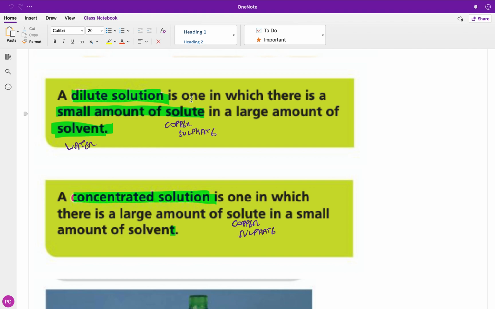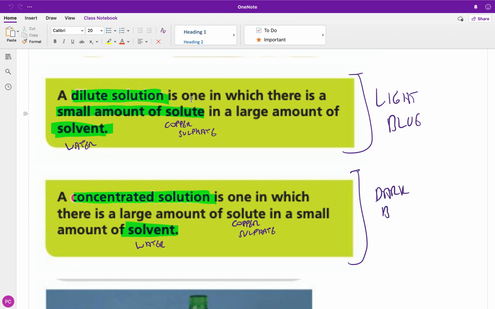So the water was starting to leave, evaporate and boil off. And you had really dark blue. So when you're talking about copper sulfate, this would have been your light blue. And then it turned into a really dark royal blue colour. So this is going to be dark blue as it becomes more concentrated.